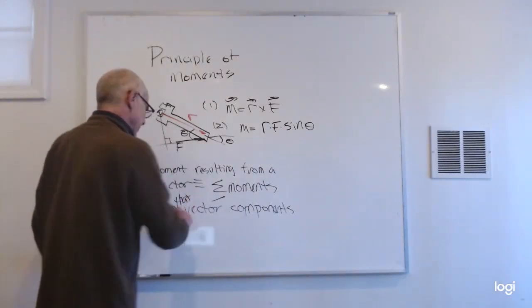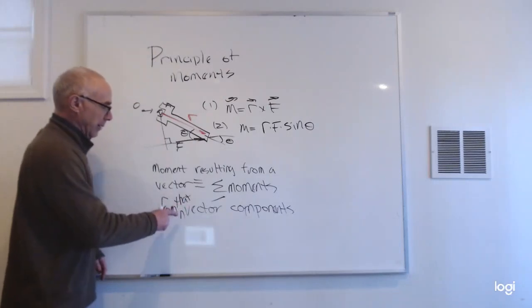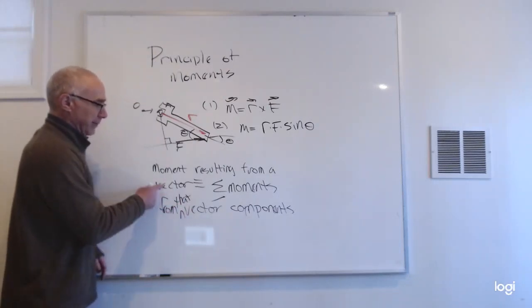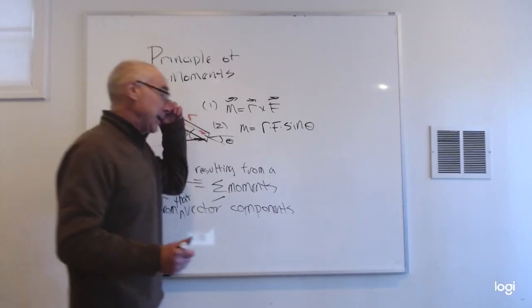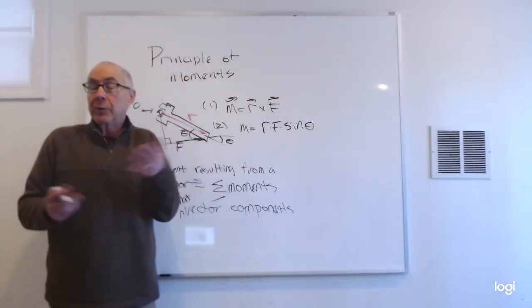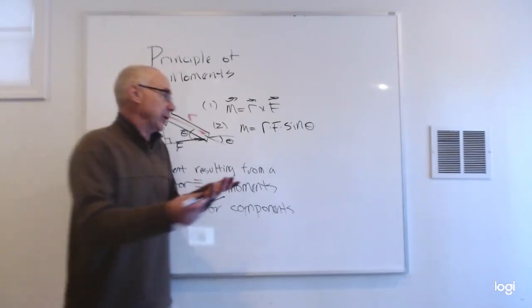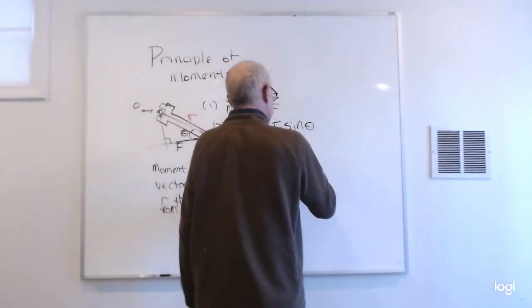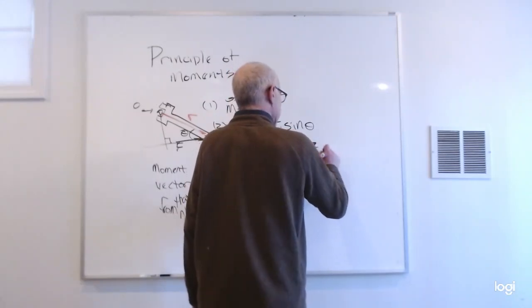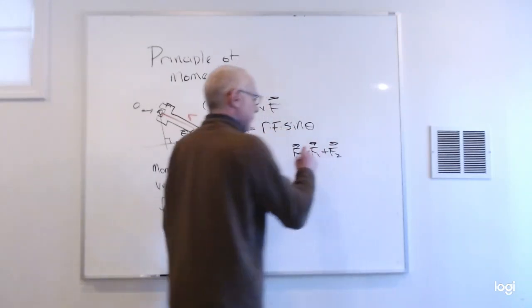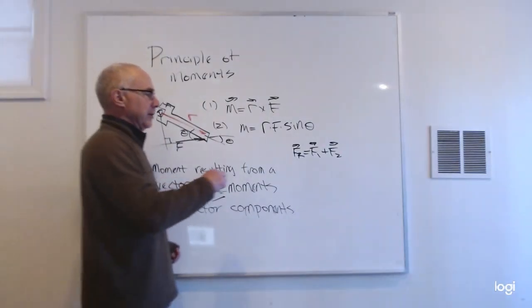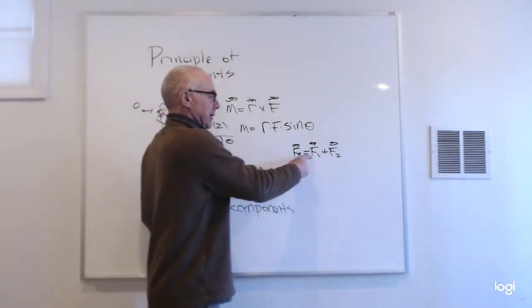When we talk about vector components, we're talking about the components of this vector here. We started talking about vectors and their components the first day. All it means is if we have a vector F_R equal to F1 plus F2, it doesn't have to be a force vector. It could be position vectors. This is the vector, and these are its components.